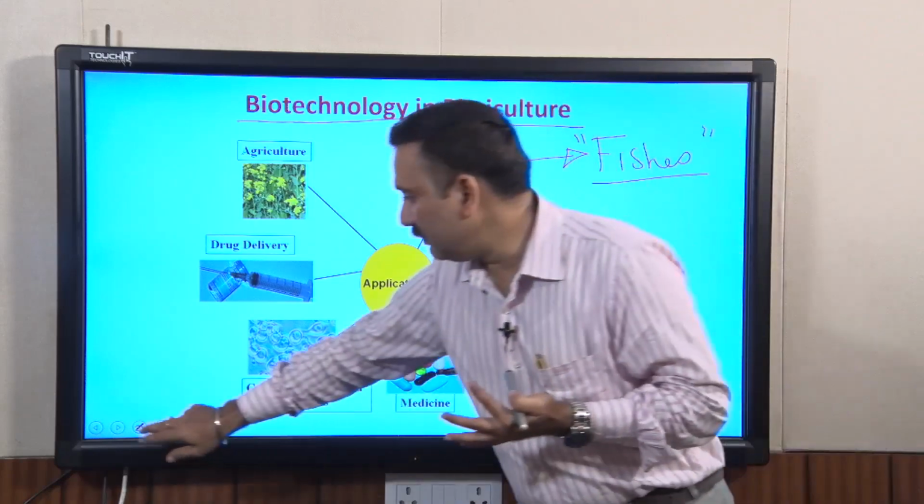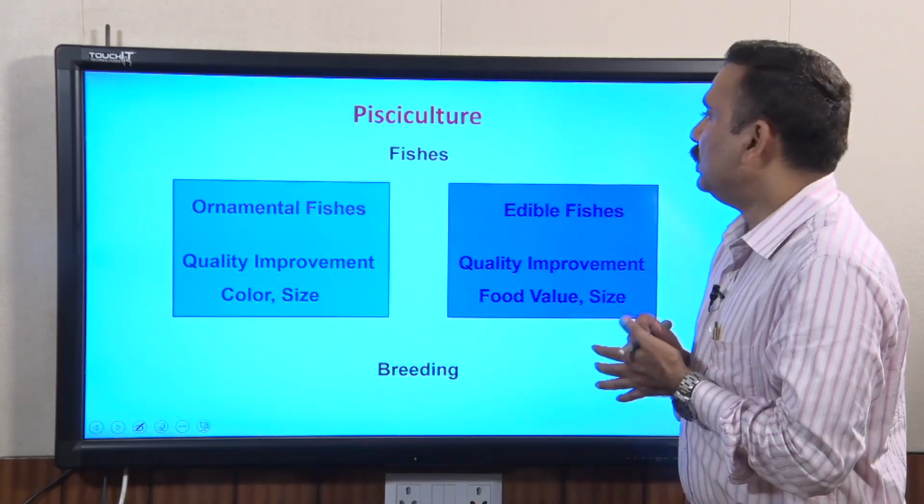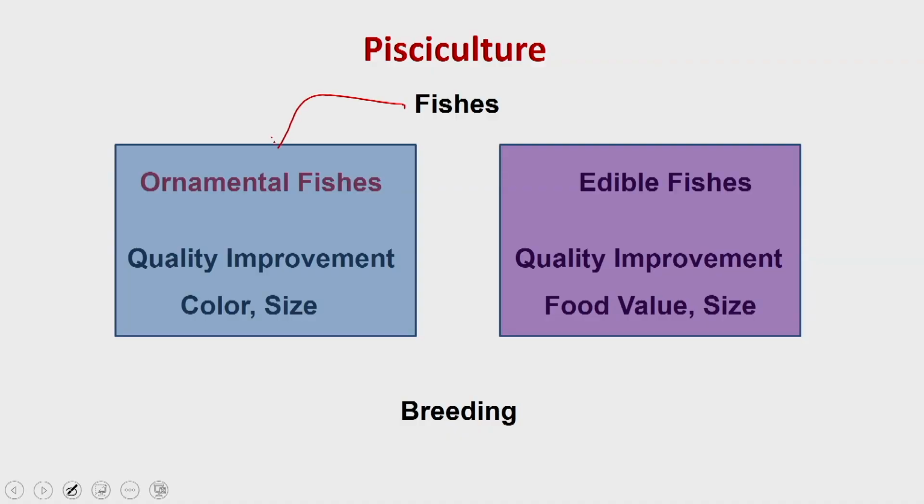Fish culture is being done for 2 purposes. You have the ornamental fishes, and you have the edible fishes. For both, quality improvement is one of the areas where biotechnology can easily contribute.